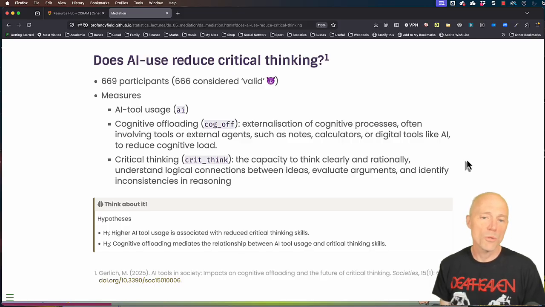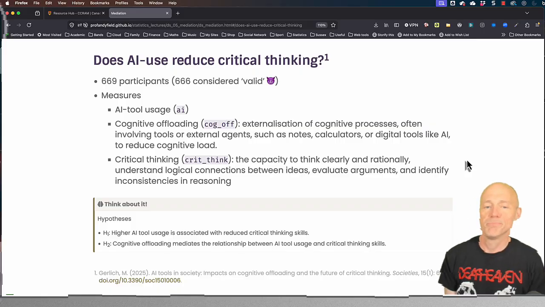And they also measured critical thinking. So this is a person's capacity to think clearly and rationally and understand logical connections and things like that. So basically in this paper there were two hypotheses: that higher AI usage would be associated with reduced critical thinking skills. But in terms of mediation, they also had this hypothesis that cognitive offloading would mediate that relationship.